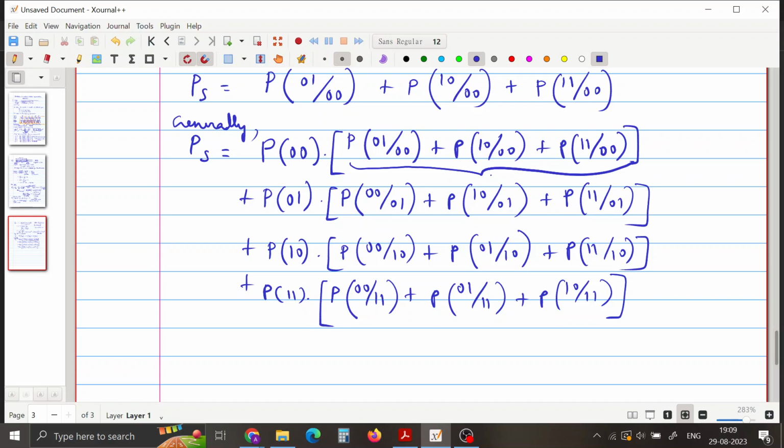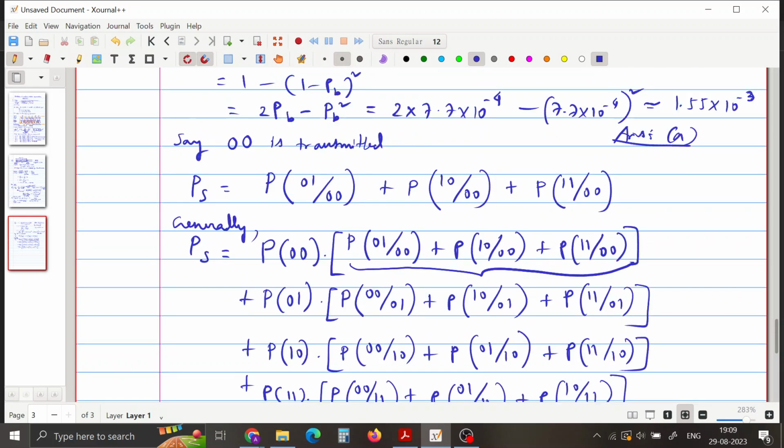These terms are the errors, right? So these values are what I just calculated here, 2 PB minus PB squared. Again this is 2 PB minus PB squared. See, at least one error is there.